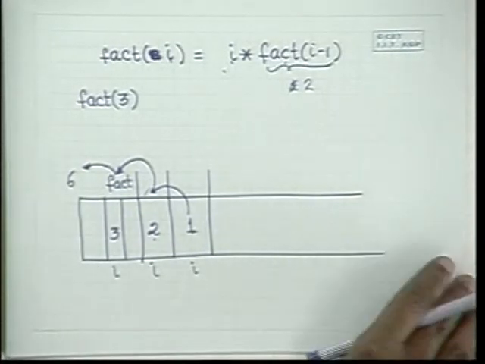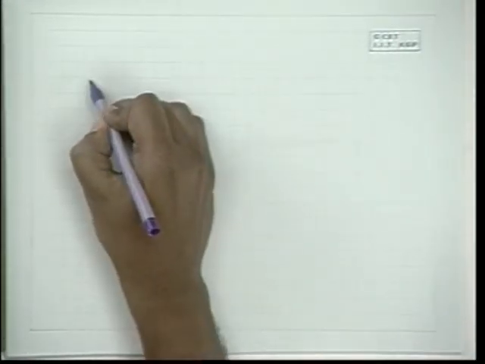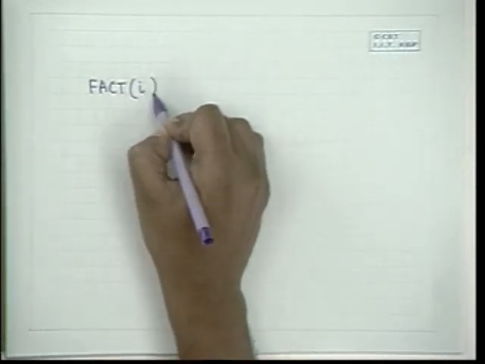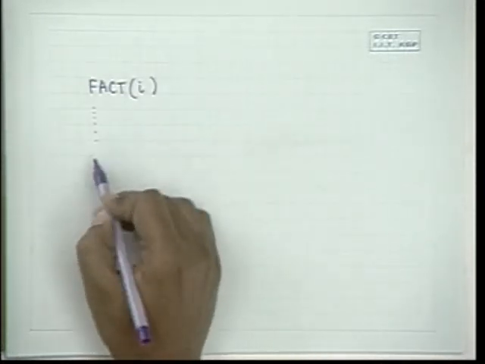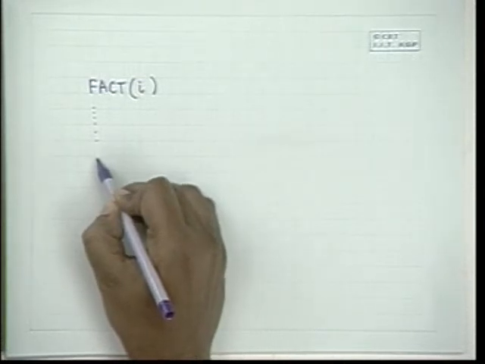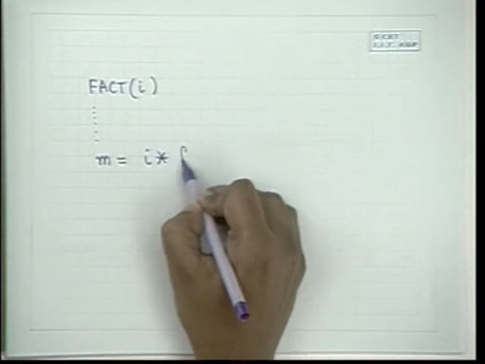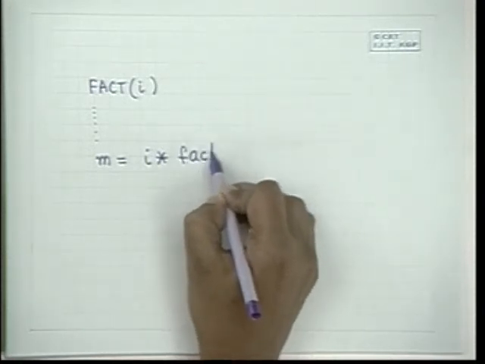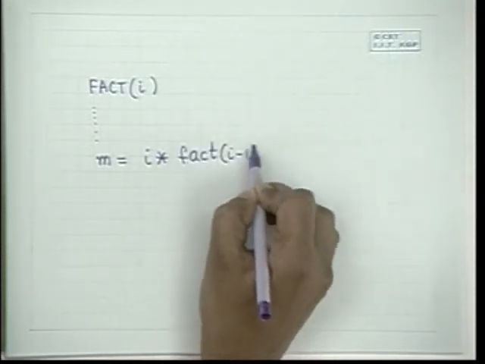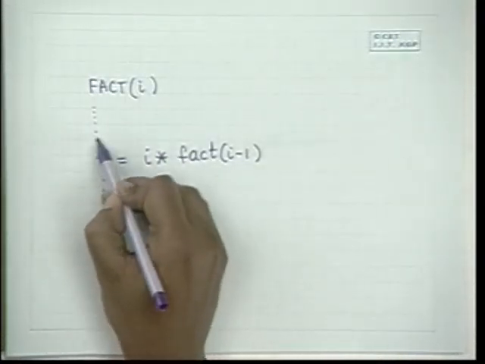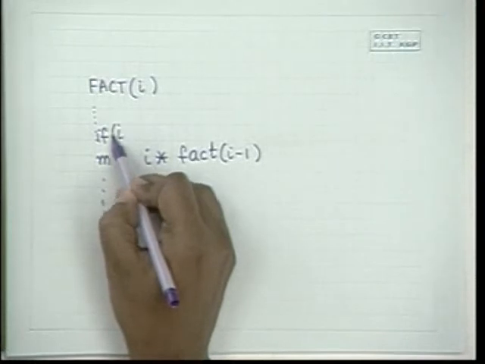So what happens when a program is called is that you have got the fact program which in some place says m is equal to I star fact of I minus 1, if I is greater than 1.